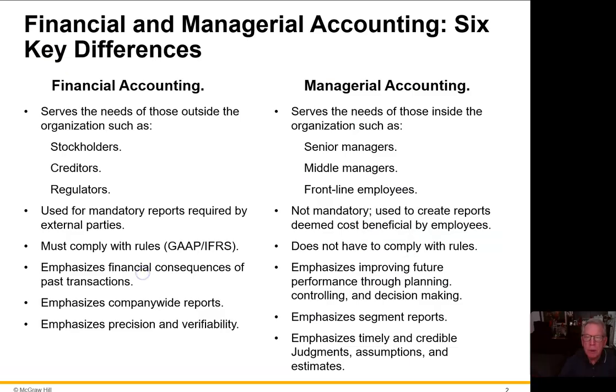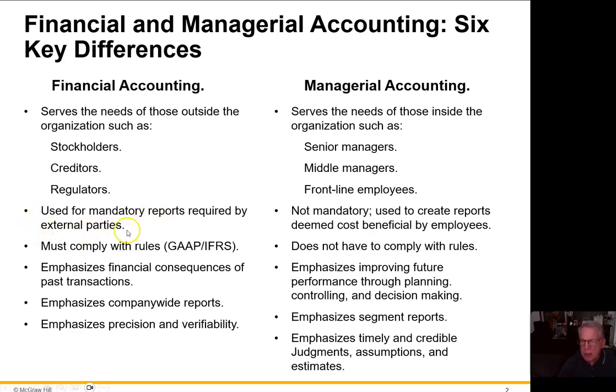In the prologue here, we're going to distinguish between financial accounting and managerial accounting. You'll remember in your financial accounting class that served the needs of our outsiders, our external users, such as stockholders and creditors and regulators. It was used primarily for generating our financial reports required by those external parties, and it must comply with the rules.